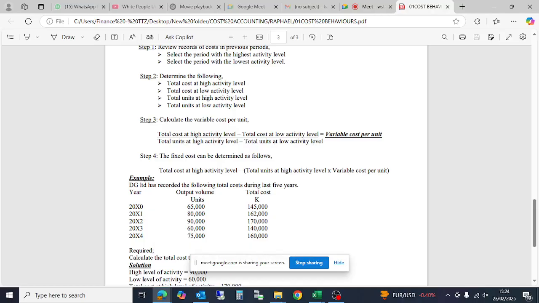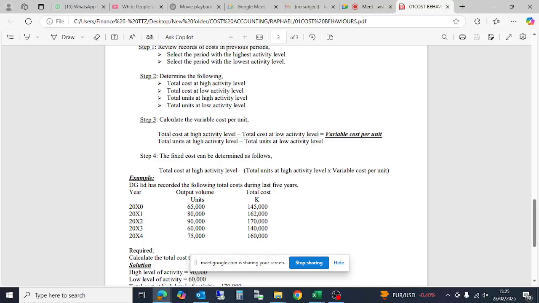So basically what we're going to do is a comparison between the highest and the lowest for us to find our variable cost so as to satisfy our high-low method. Why are we doing this? Because the 145,000 is a semi-variable, or total cost, meaning it has a fixed component and a variable component.